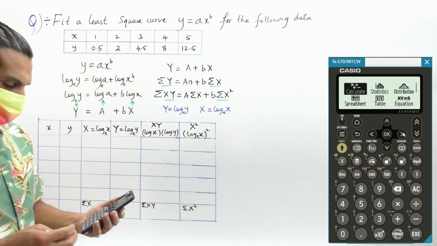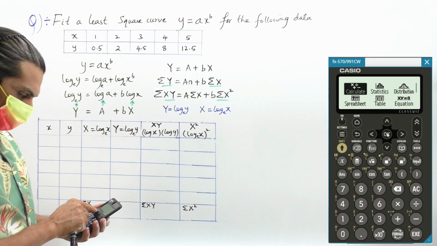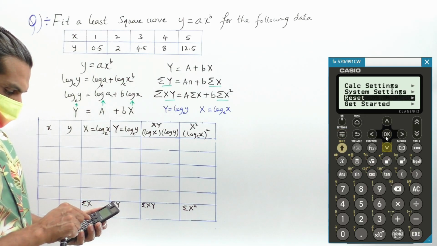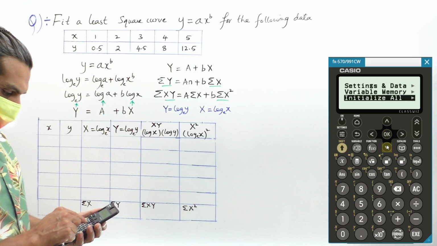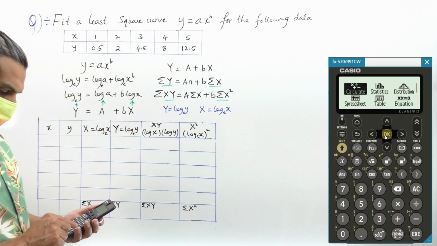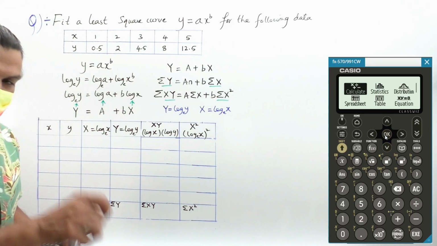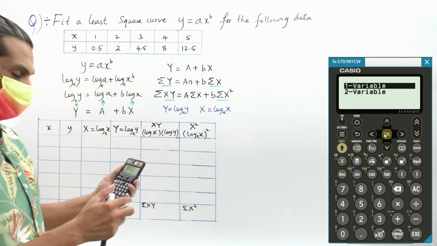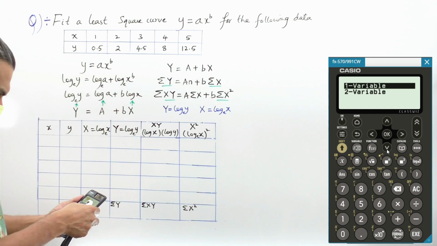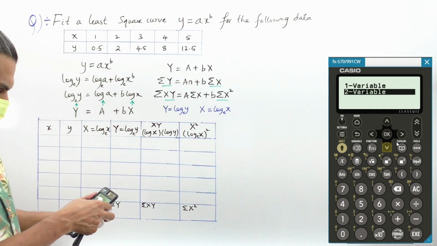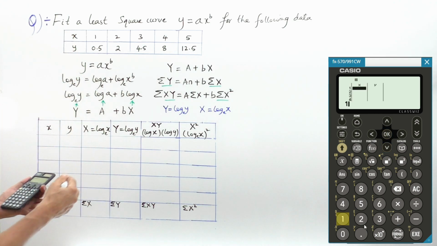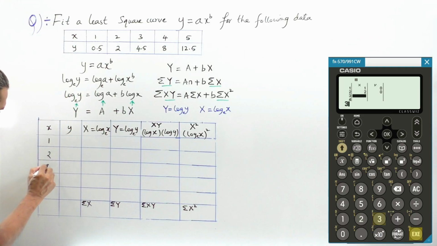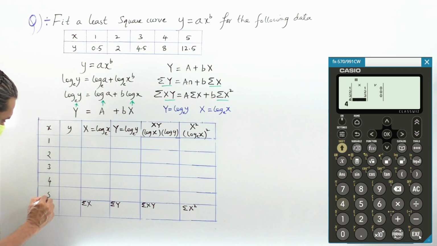As usual, first we reset: we go to home, calculate, then again go to settings, reset, initialize all, yes, done. Now as we reset the calculator, first we go to the statistics mode. In the home, the second option is statistics, we choose two variables. I will input all the variables here now. What are the variables here? We have 1, 2, 3, 4 and 5.